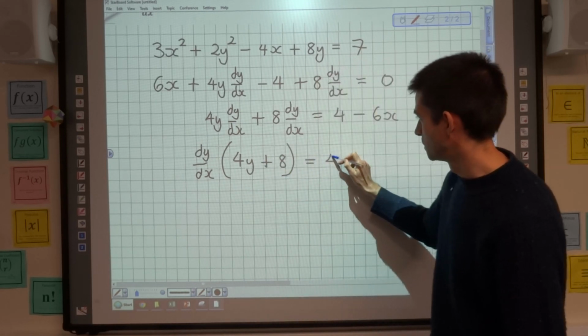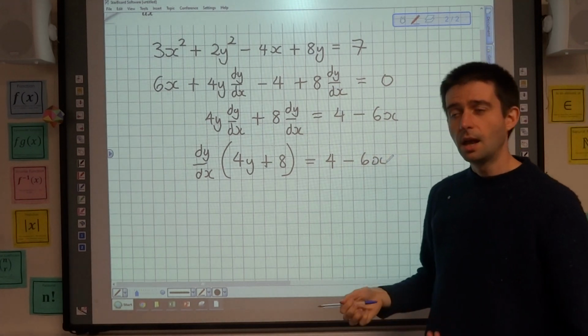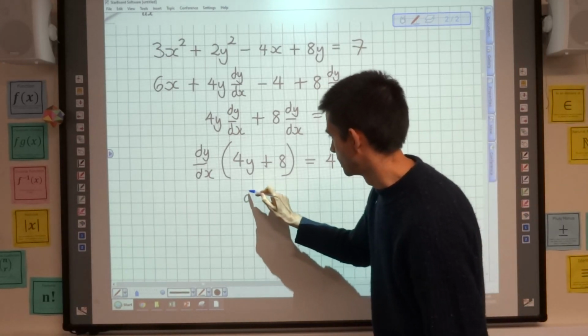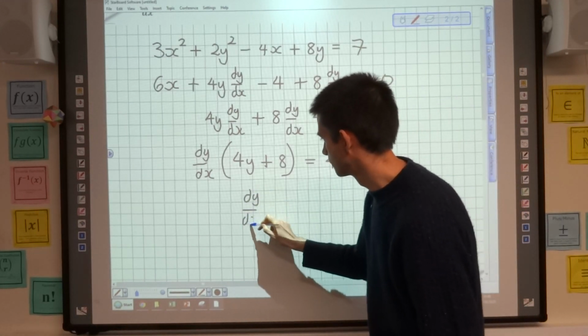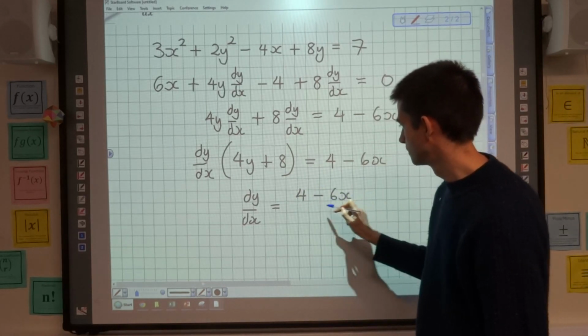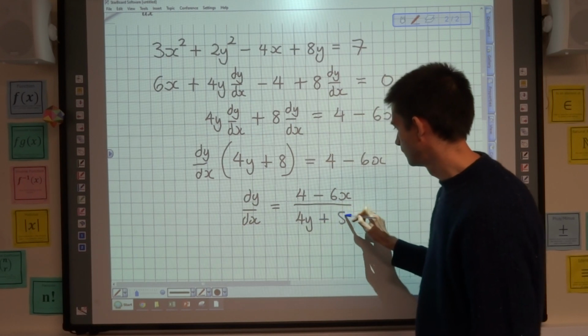This still equals 4 minus 6x. I have not changed the right-hand side. And then all I'm going to do is divide by this bracket. So my expression for dy/dx is 4 minus 6x over 4y plus 8.